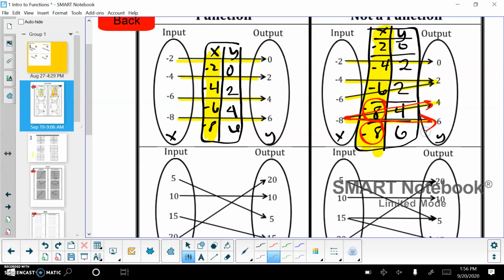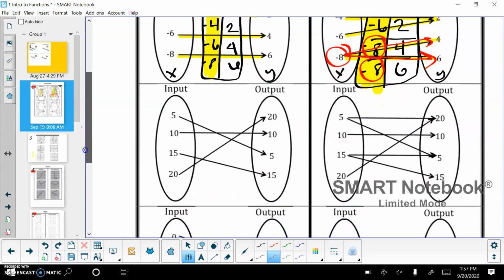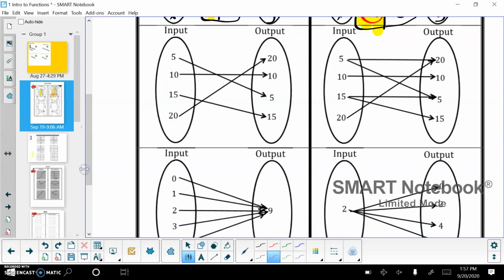You can only have one arrow coming out of an input, not two. If there's two arrows coming out of this input side, that means that number repeats. So let's see if that works on this next one that says it's not a function. I'm just going to highlight the ones where I've got two arrows or more coming out of the same number, because that would indicate a repeat.